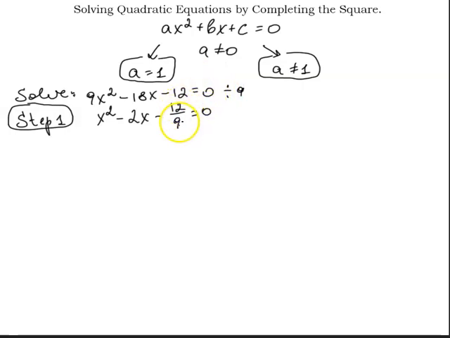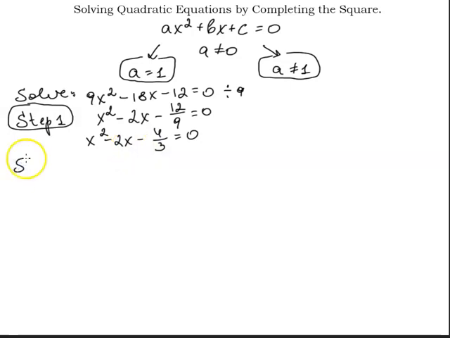Now 12 ninths, I can simplify, both 12 and 9 are divisible by 3. So I will rewrite the first portion, and then minus 4/3 equals 0. In the next step, based on the first two terms, I will need to come up with a third term that will fit into the perfect square formula.